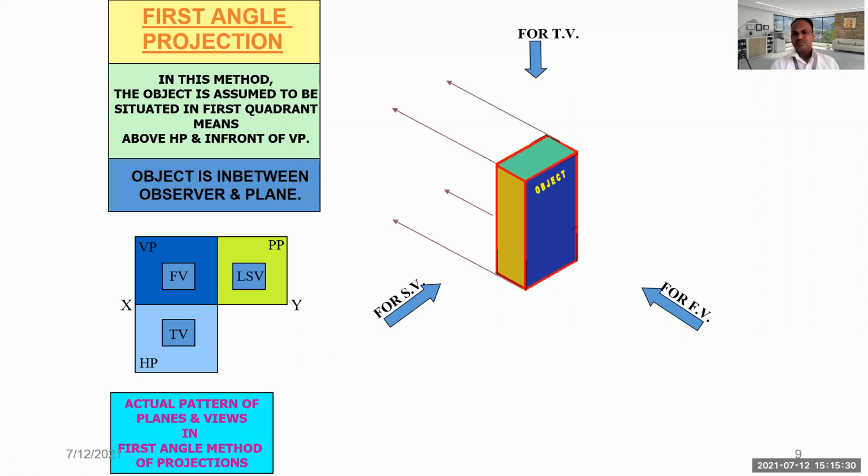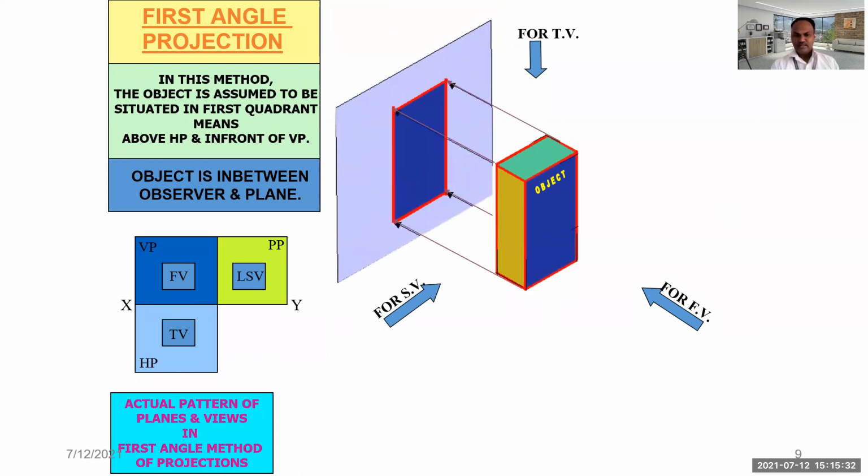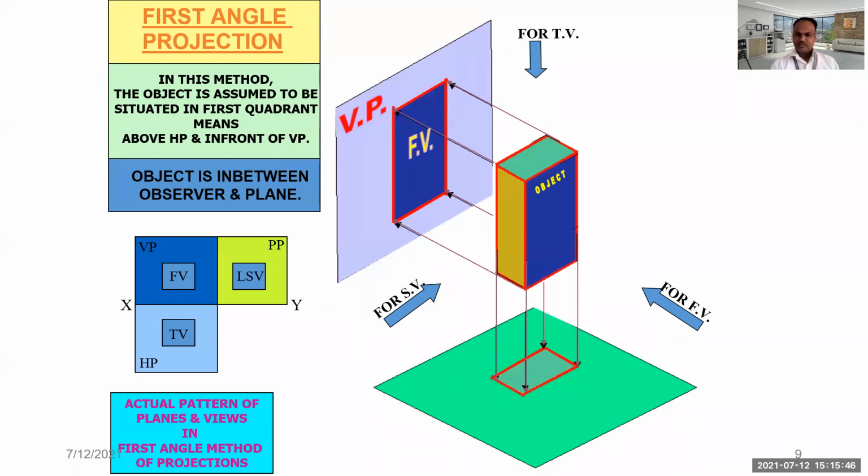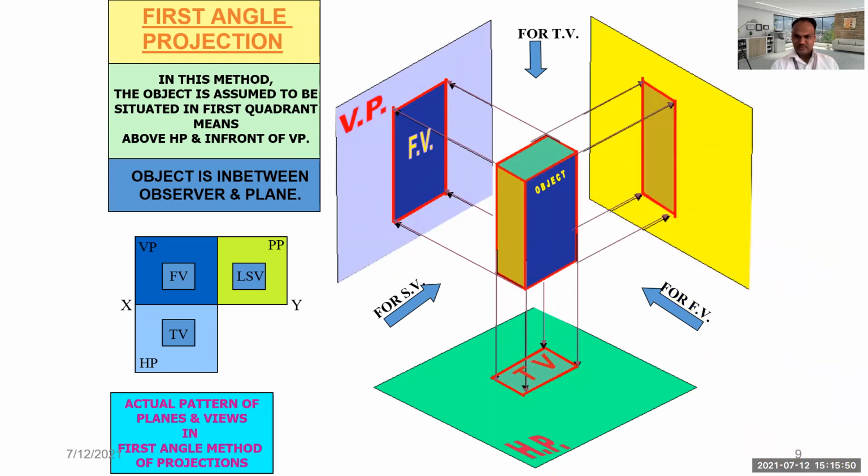Okay, so this is projected, and I get to know that there is a rectangular shape in the front view. Then in the top view, again this small rectangle will be seen, and in the side view, I'm going to see again a yellow rectangle. So these are the three projections of this object.